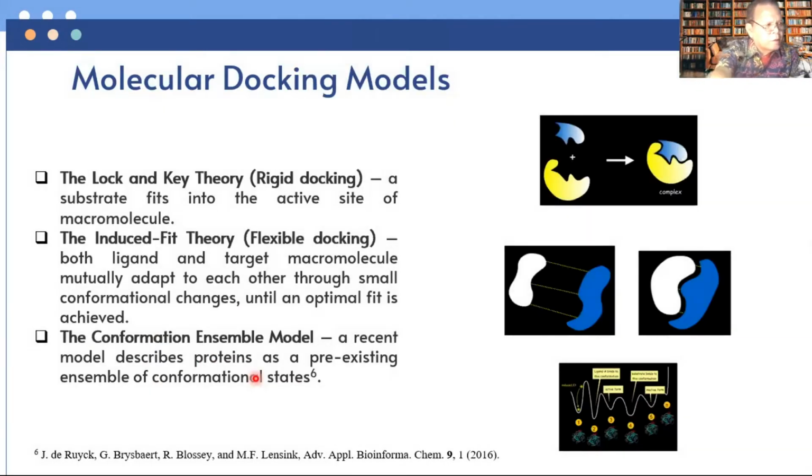Then let's move to molecular docking models. There are several molecular docking models, such as the lock and key theory. In this case, we call that rigid docking. A substrate fits into the active site of the macromolecule. The first step of the rigid docking method involves the construction of a negative image of the binding site, a series of overlapping spheres derived from the molecular surface of the protein.